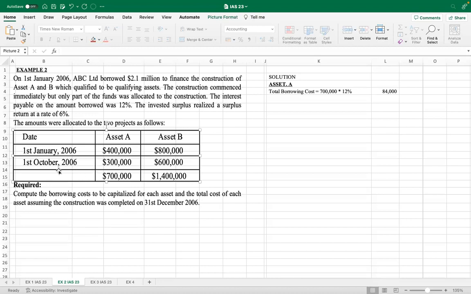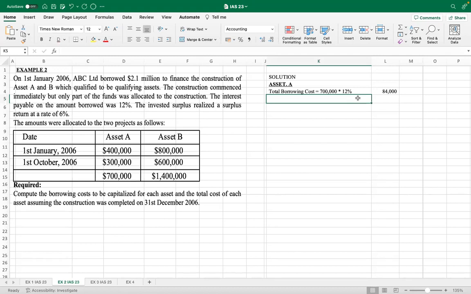Because you are using it on 1st October, you can invest it from 1st January to end of September. And we were told investment surpluses are realized at a rate of 6%. If you remember the last note in the slides, if there is any investment, the return from the investment reduces the amount of borrowing cost to be capitalized.